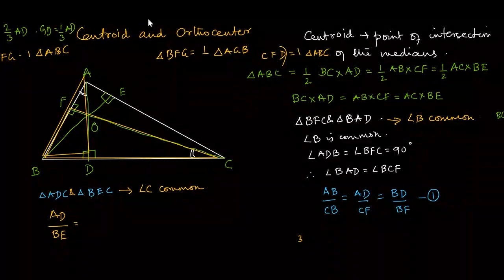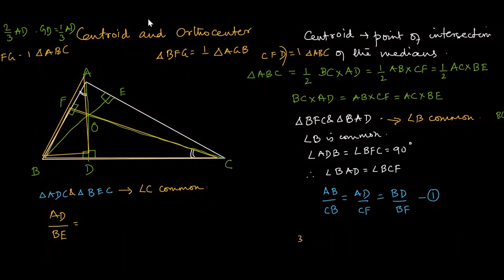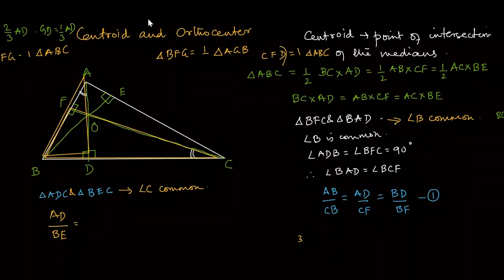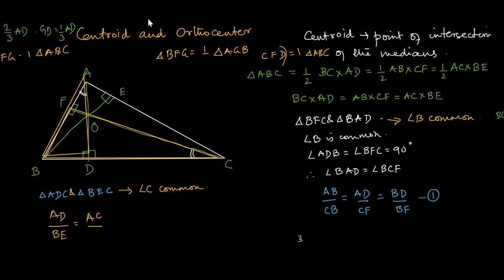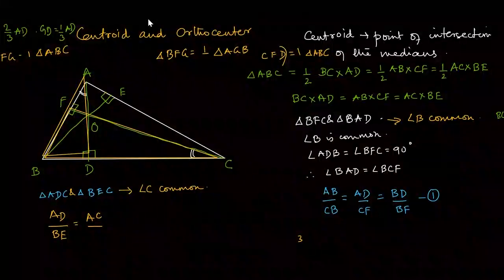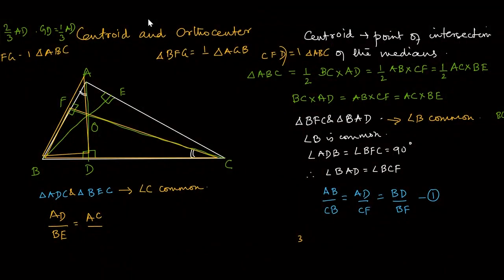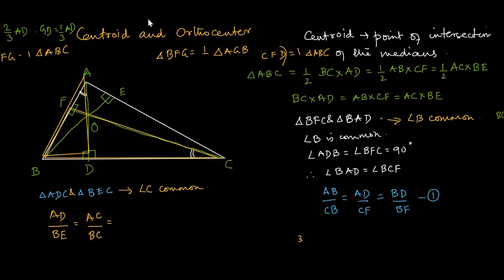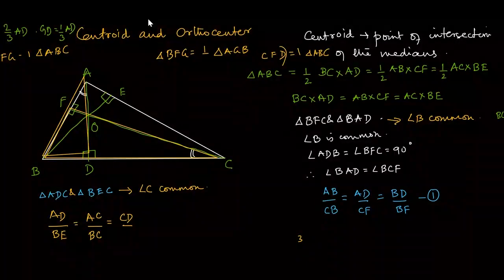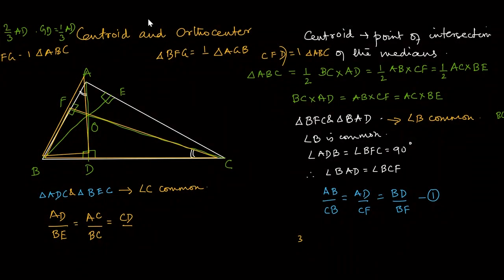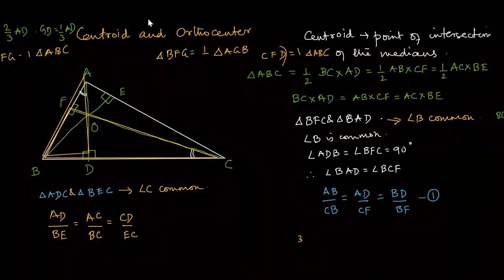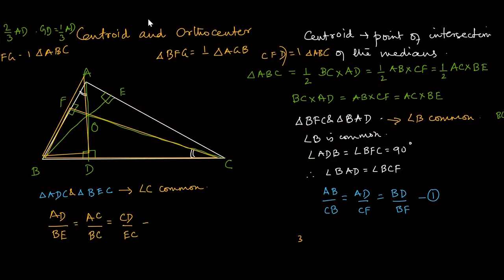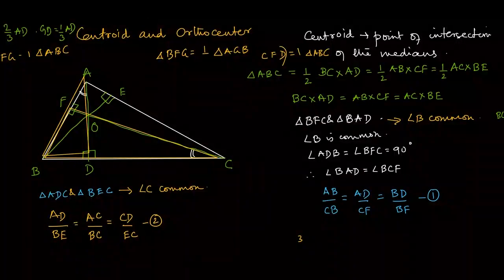In triangle ADC, which is opposite to the right angle? AC. In triangle BEC, which is opposite to the right angle? BC. And the third side would be CD over EC, right? So this is my second set.